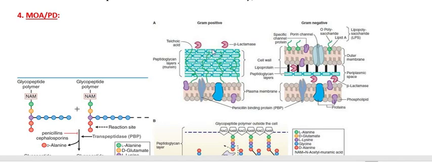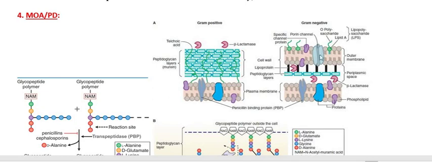Therefore, they are more susceptible, because the peptidoglycan is thicker in gram-positive bacteria, with more amount of peptidoglycan. That is why they are more sensitive to penicillin, because penicillin inhibits peptidoglycan synthesis. However, in the case of gram-negative bacteria, see here, a phospholipid layer is there.